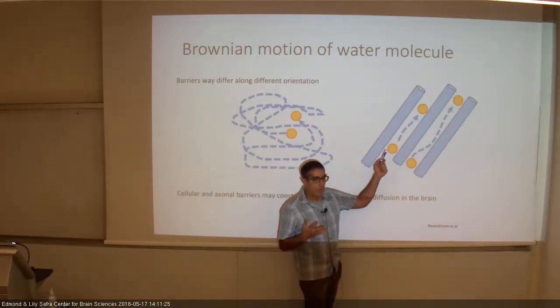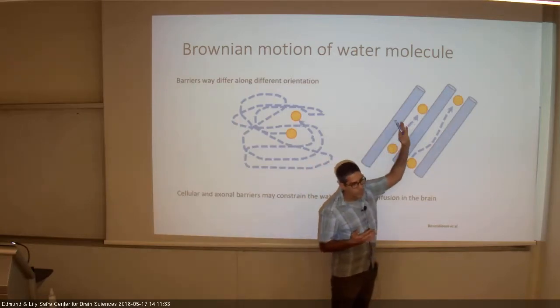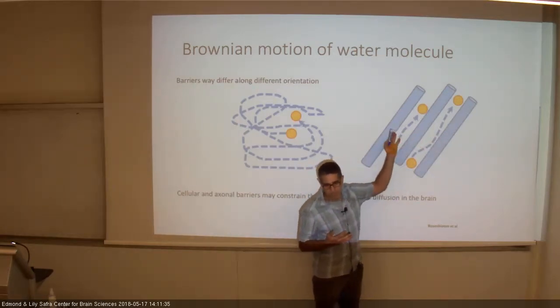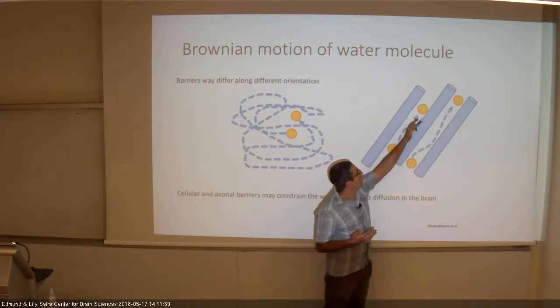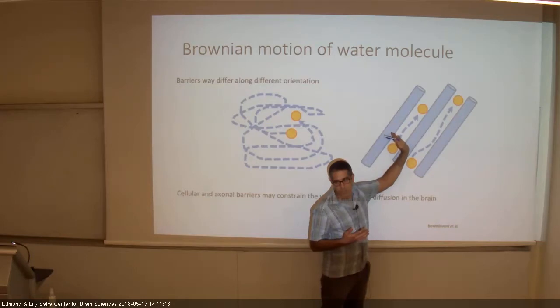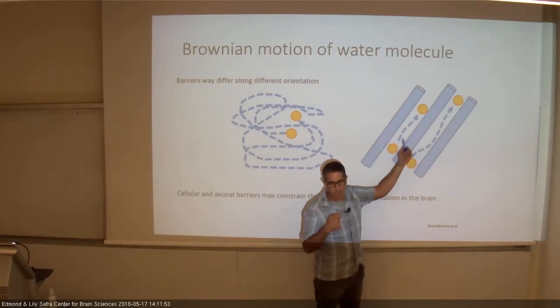And if there is an orientation or organization of those barriers, then we might have greater diffusion along where there are fewer barriers versus the other dimension, right? In this case, axons. There will be more diffusion parallel to the axon versus perpendicular to them. We will measure this, so we will have a loss of signal due to diffusion, which will be lower perpendicular to the axons because of that reason, right?